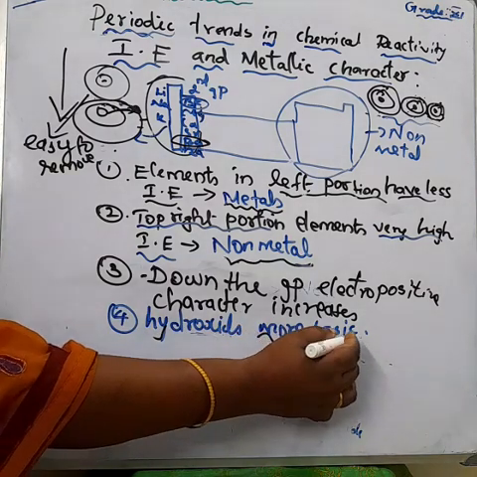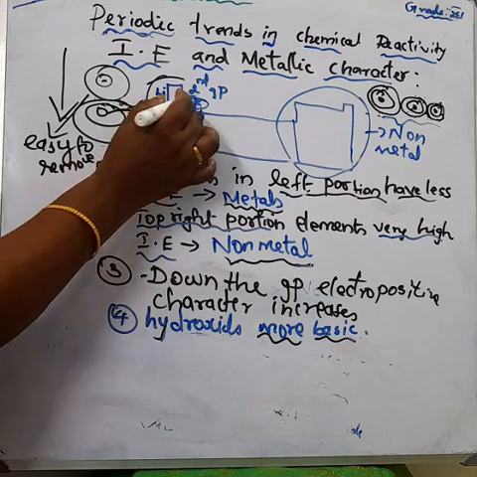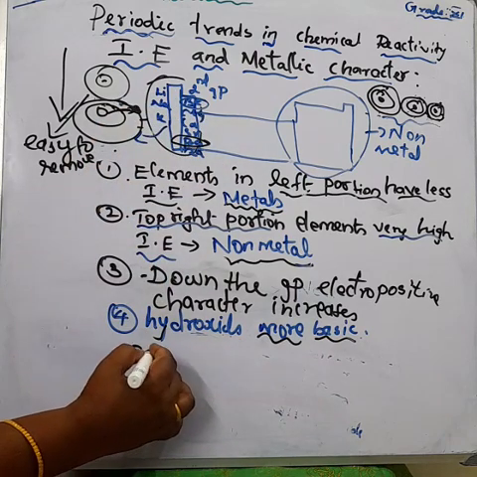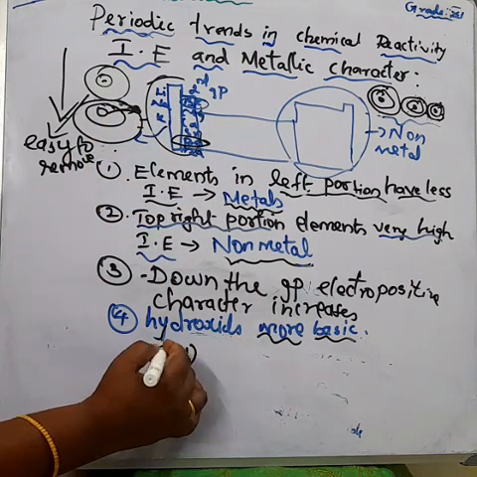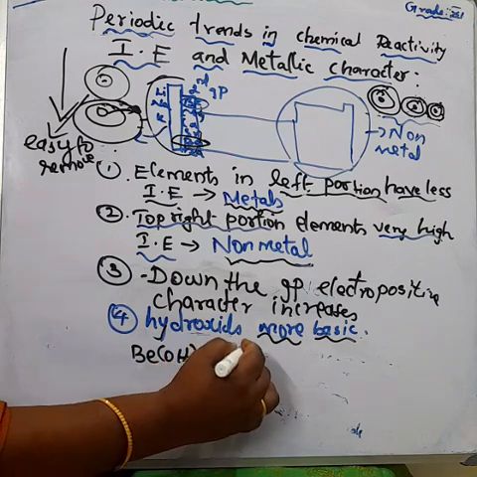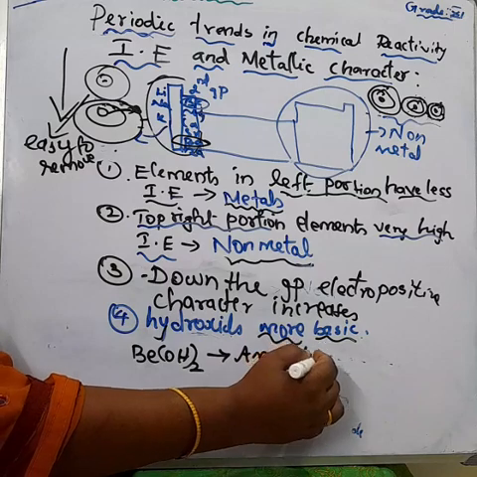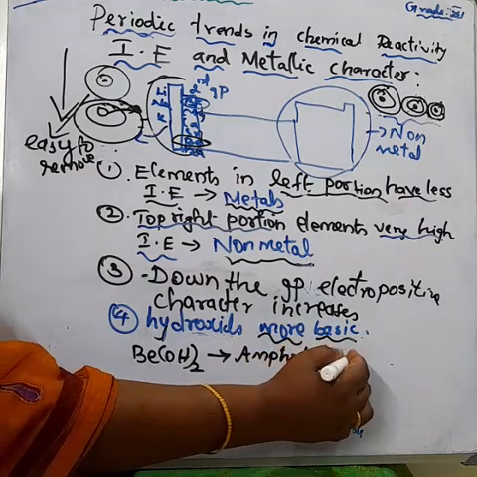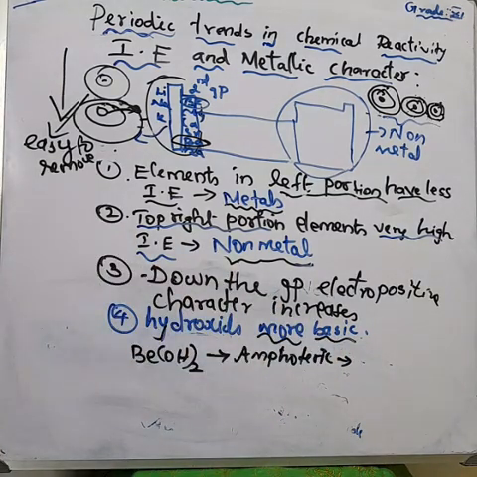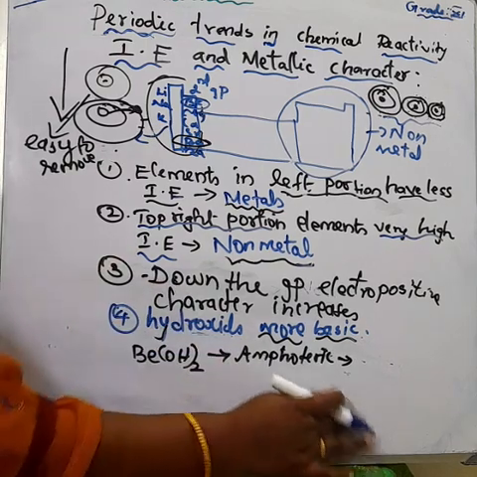Okay, here what is the first element? Beryllium. What is the nature of beryllium hydroxide? It is amphoteric in nature. What do you mean by amphoteric? Both acidic and basic nature is present.